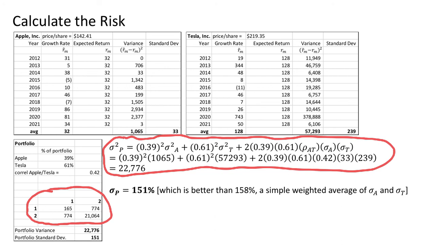Then there is 39%, the amount invested in Apple, 61%, the amount invested in Tesla, times the correlation coefficient between Apple and Tesla, which can be calculated using the correlation command in Excel. If you look on the bottom left, it says correlation of Apple and Tesla is 0.42 or 42%. They're positively correlated and modestly correlated.